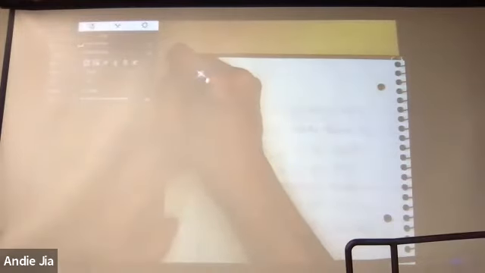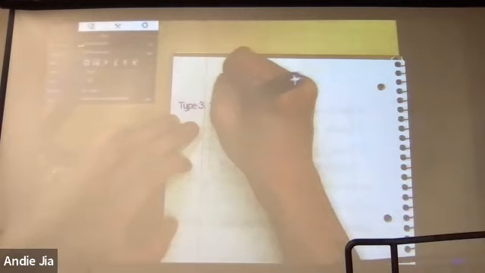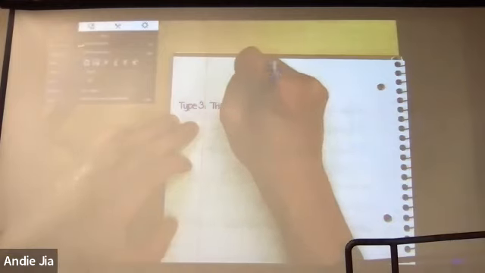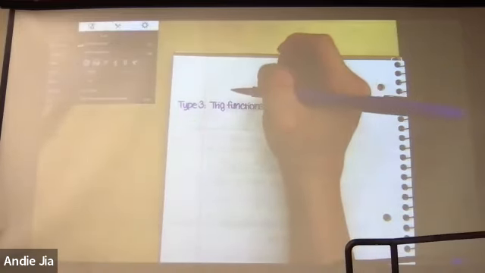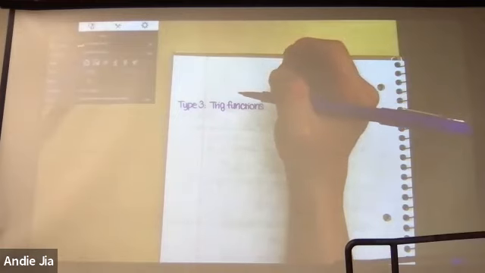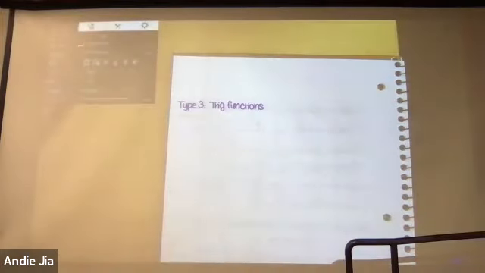And now we're going to introduce another type, type 3, when there are trig functions. Now let's try an example here.